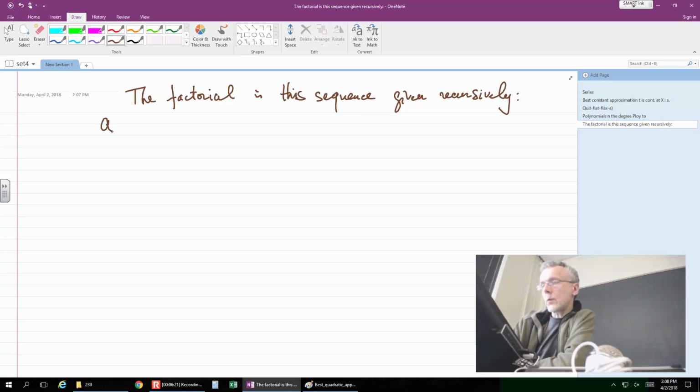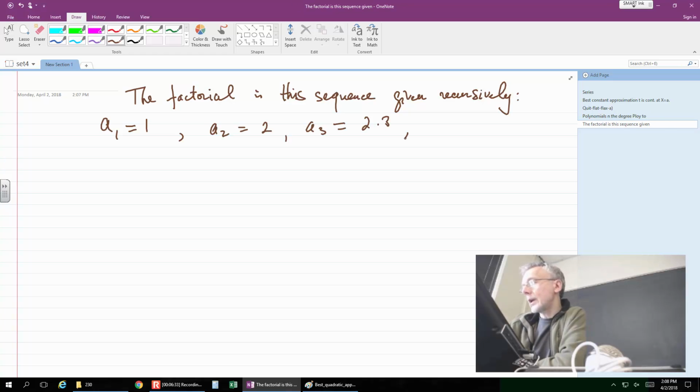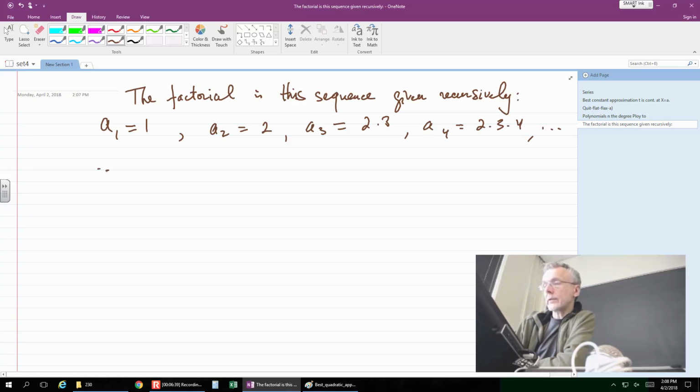So A1 is equal to 1, and then you just keep multiplying. So A2 is equal to 2, A3 is equal to 2 times 3, A4 is equal to 2 times 3 times 4, and on and on. So recursively, A(n+1) is equal to An multiplied by (n+1). Okay, so just keep multiplying it by larger and larger numbers.